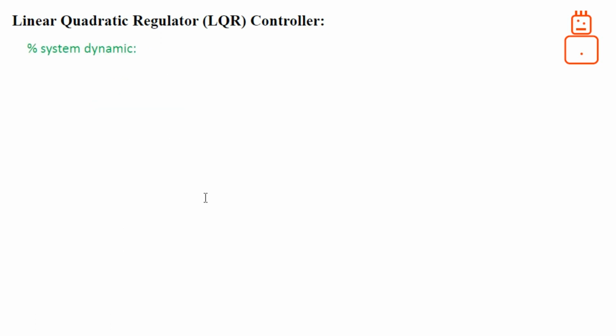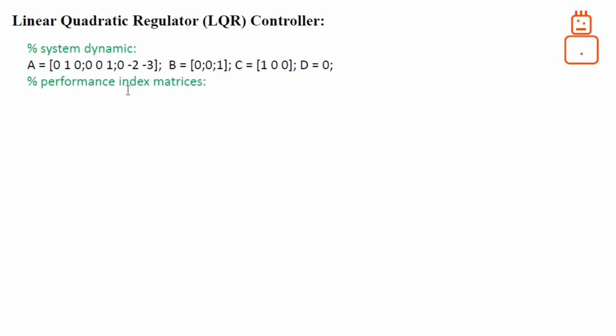The piece of Matlab code starts with defining the system dynamics as given in the example. Then the performance index matrices, which are Q and R. Here, since we are enforcing the first state of the system to track some reference, we give more gain to that part of the state, which is the first state.